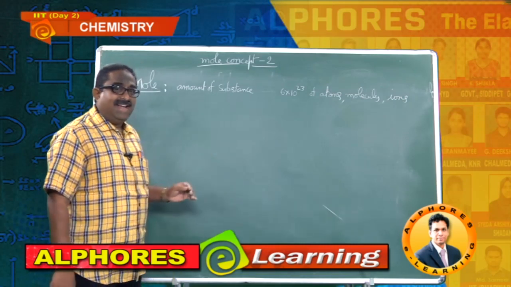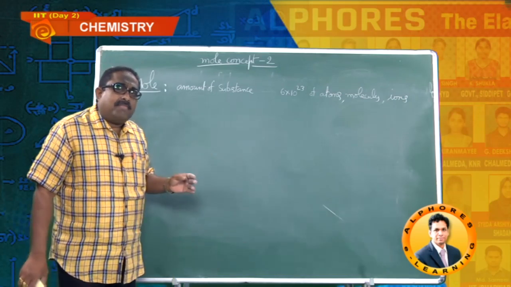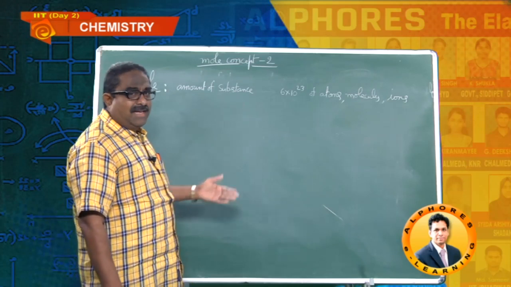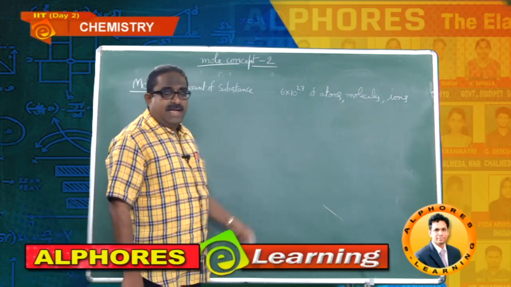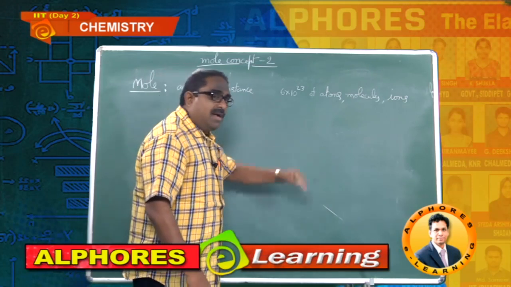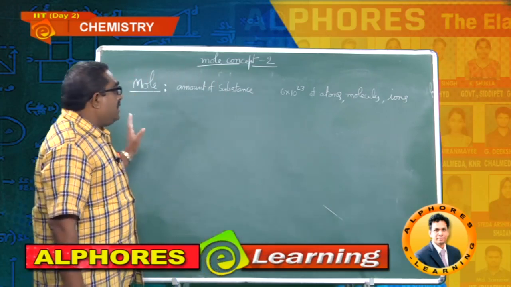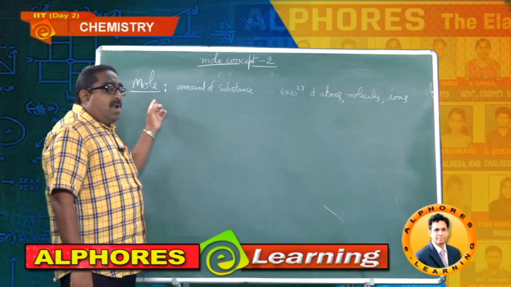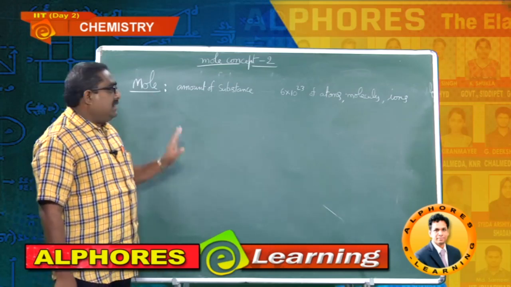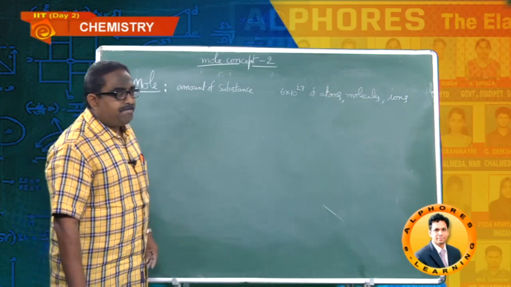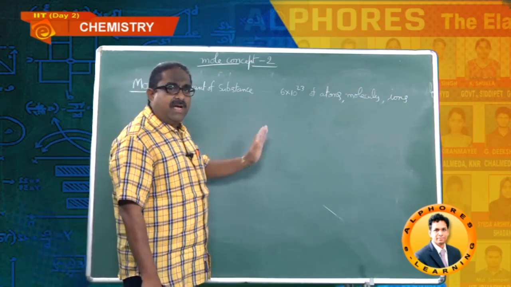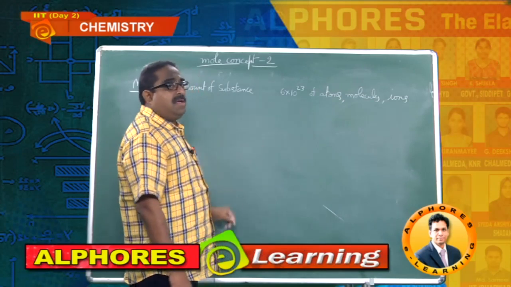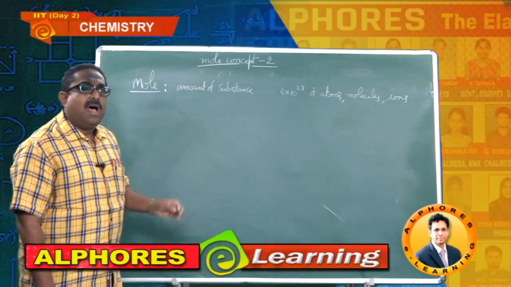What are chemical entities? Chemical entities are microparticles like atoms, molecules, ions, electrons, protons or neutrons, like that. So, mole is defined as the amount of substance which contains Avogadro number of chemical entities like atoms, molecules or ions.